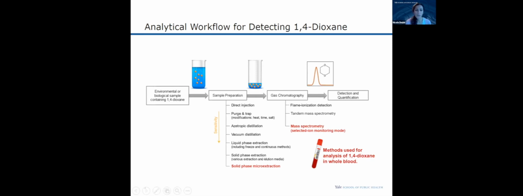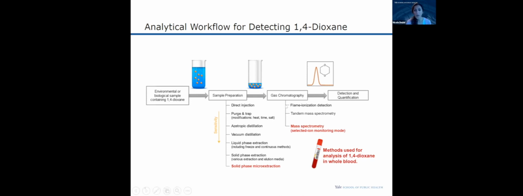And so here we've listed a variety of different sample preparation techniques listed as with increasing sensitivity. And we have opted for this solid phase microextraction to really try to enhance sensitivity of our methodology.